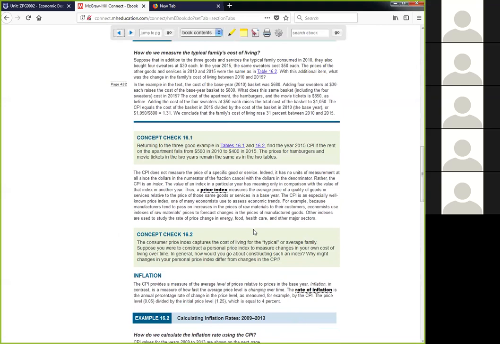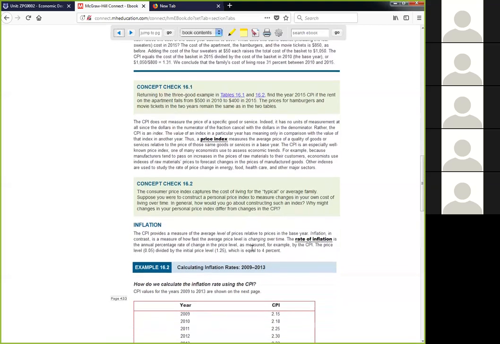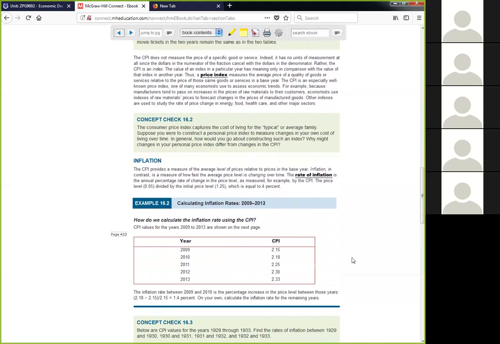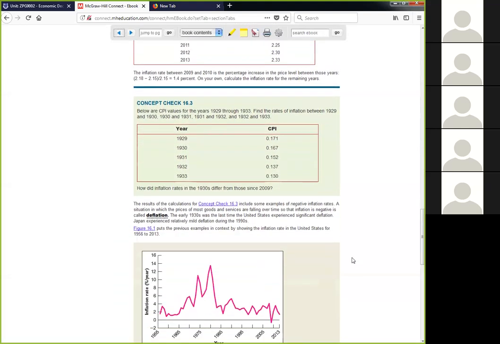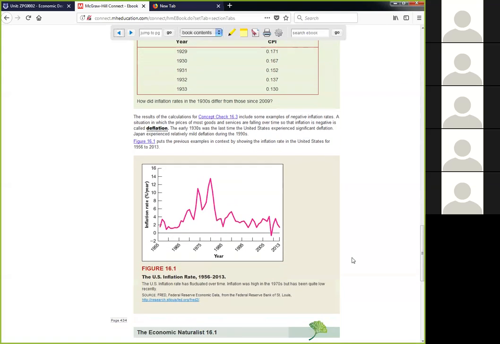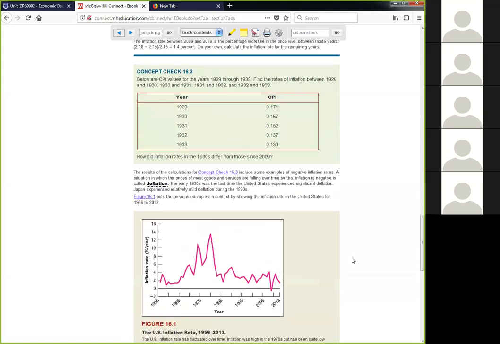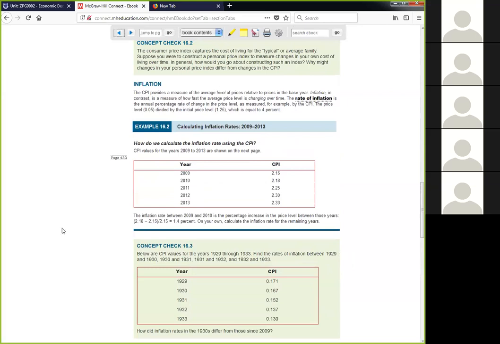If you take the 44,000 and divide it by 1.25, you get 35,200. So in comparison with 2010, your 44,000 income, the family's income, is only worth 35,200. In other words, their real income decreased. They got poorer. Do you understand that concept?